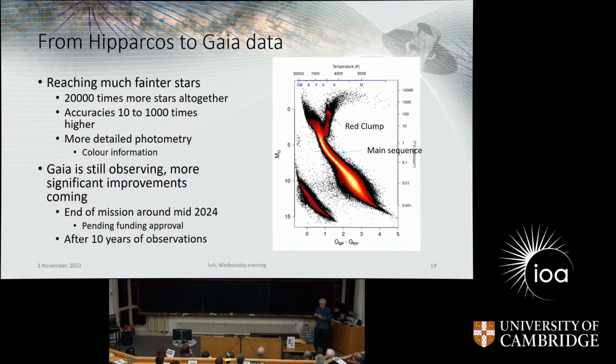Then at some point the pressure in the core becomes high enough to start burning helium. That's what happens in the red clump. But it lasts only a very short while. Then it moves away from there, and a whole lot of different things happen depending on the chemical composition of the star and things like that. And that's what we call the giant branch.